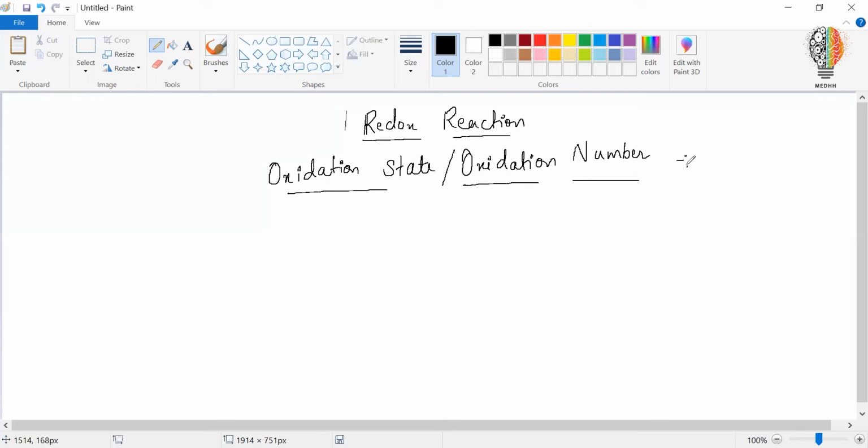So basically it is the formal charge. Now what do you mean by formal charge? Let's say I have a compound, HCl, right? Now if I ask you which one of these is more electronegative, you will say that chlorine is more electronegative than hydrogen.